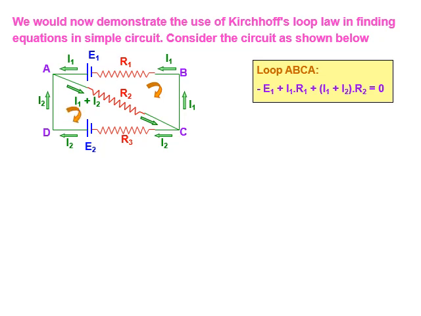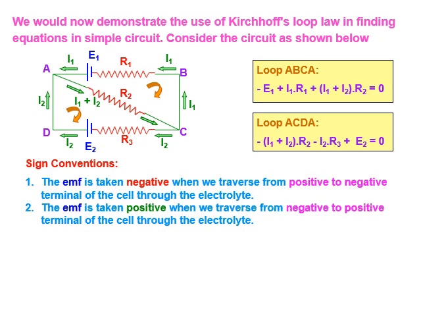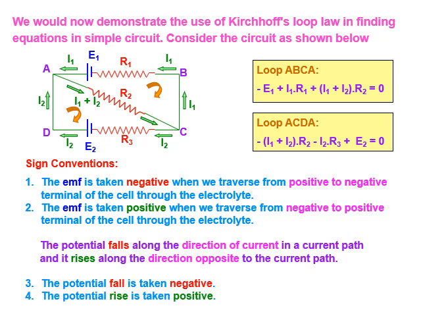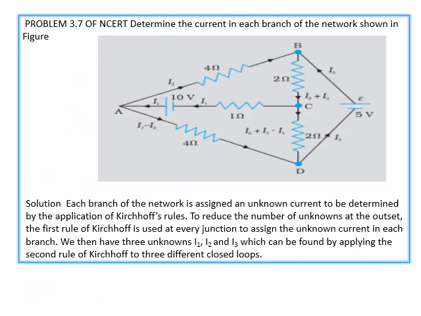Now, consider the second loop and apply the same rule and you will get this one. And note down the sign conventions. You have to note that the path can be traversed in the clockwise or anti-clockwise direction of the loop, but take care, try to take the same direction in one question.